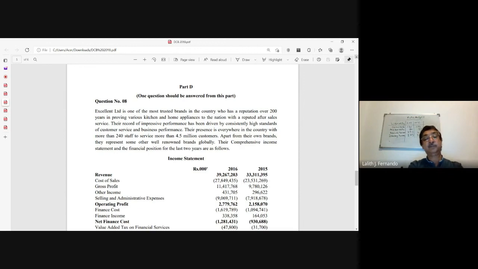So we can comment on that also if you want to put it in perspective, and you can show that you know how to do a performance analysis and how you can analyze things with the help of a balanced scorecard. So such things are necessary in answering this question.